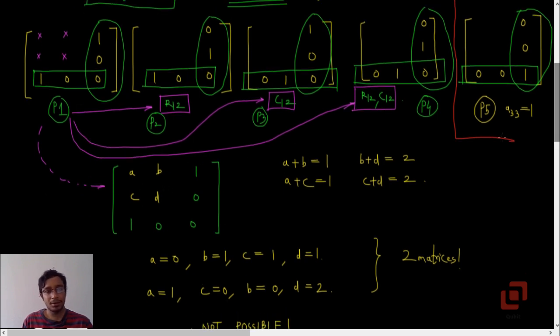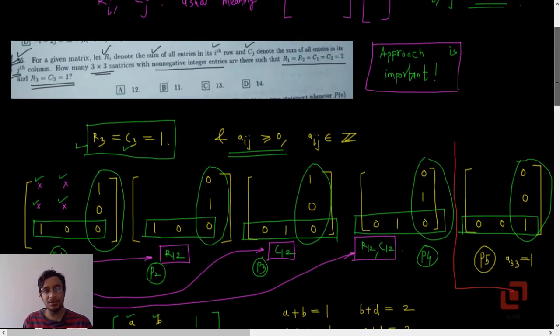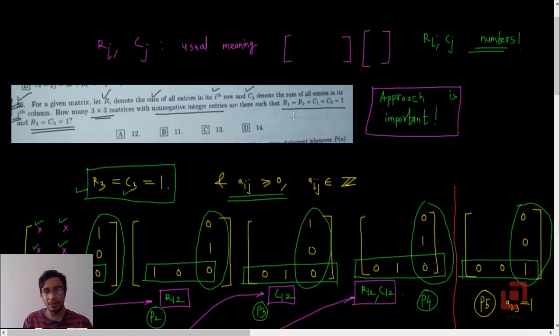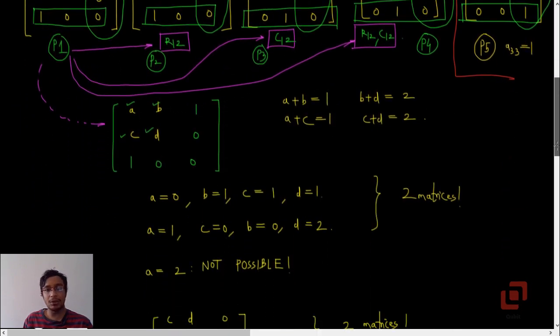Previously I had not considered these 4 entries. Now let us call them A, B, C, D. Let's go back to the conditions which we have not used so far, which are R1 equal to R2 equal to C1 equal to C2 equal to 2. So let's now bring those into play.